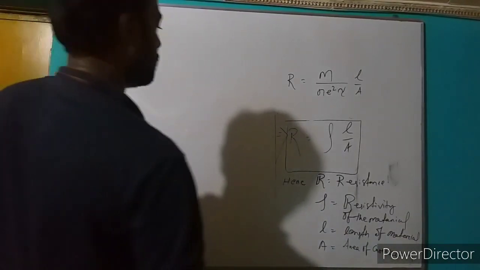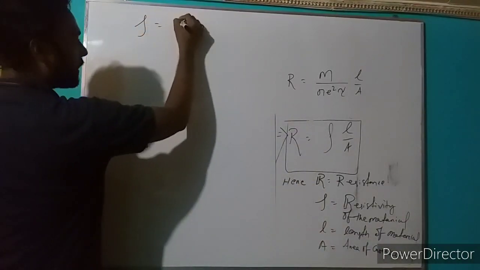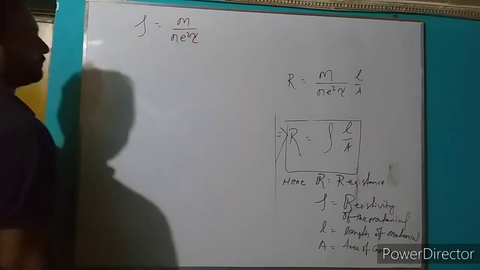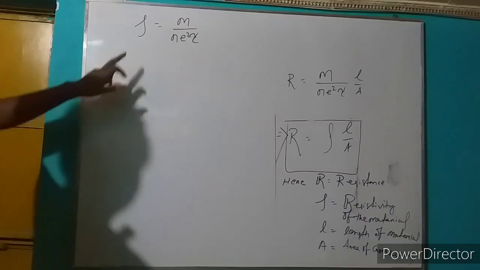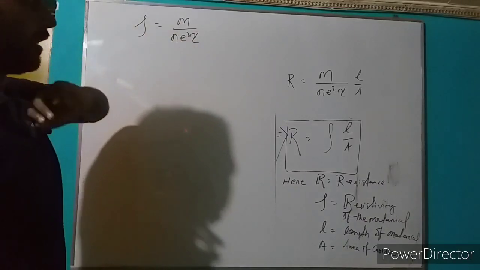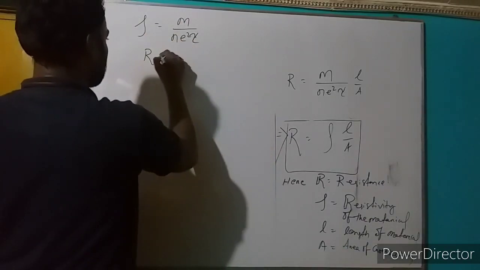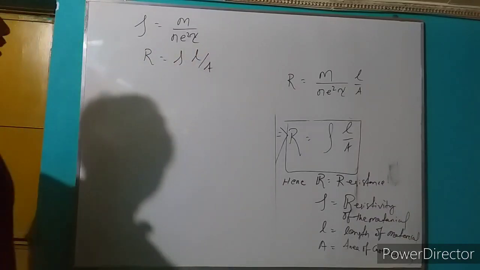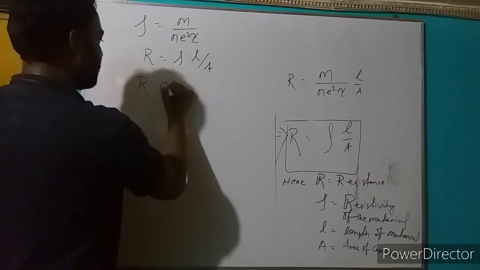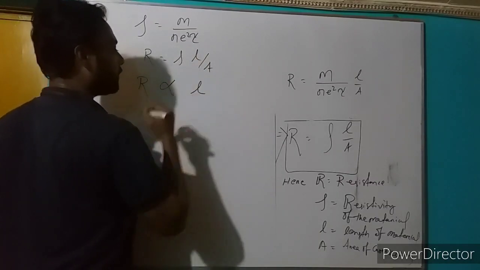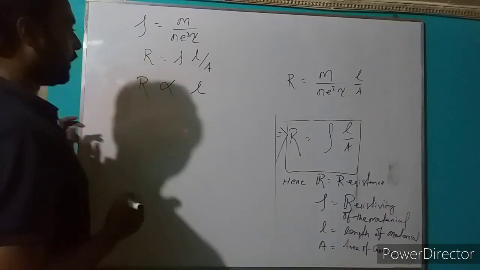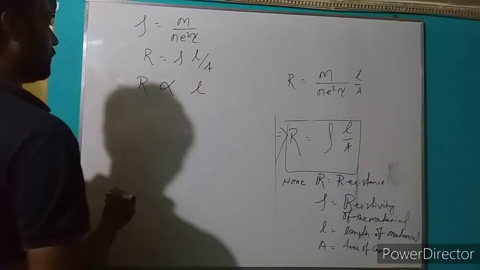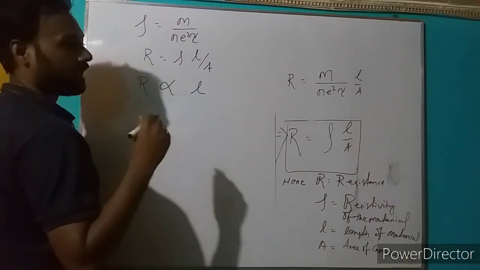Here rho means m by n e square tau. Clear? m by n e square tau. And R equals rho L by A. So R is directly proportional to the length of the conductor, as well as to the area of cross section.